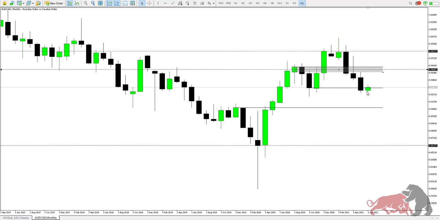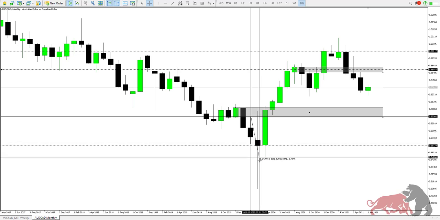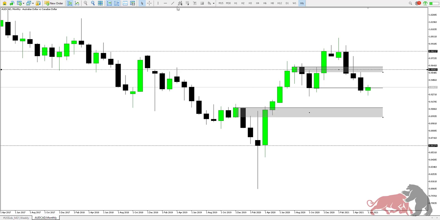But now this is where you have to go to a lower time frame. Now we've got the 18th month candle looking backwards. That's an old bearish order block again, which provided good shorting opportunities all the way, 900 pips, before eventually price broke through to the upside.